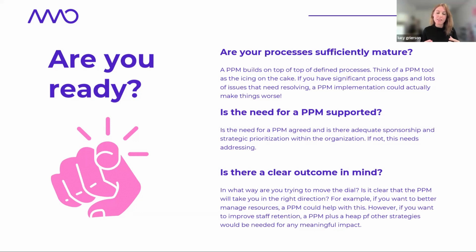Can it help with resource retention? Look, to some extent. However, there's probably lots of other things going on within the organization that may need to be activated at the same time. So we really encourage our clients to think about the ultimate objective, how far the PPM tool can take you, and what's the gap and what's being done about that, so that a really holistic view can be built and a proper strategic plan to get you to the end stage.